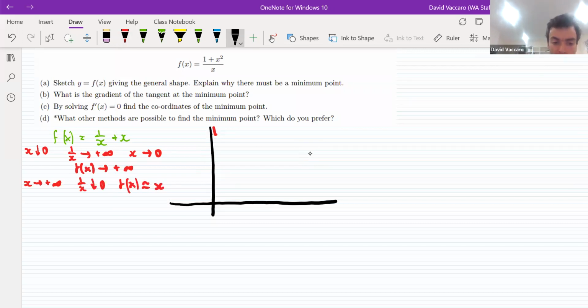So what we have for very large positive x is something that is called an oblique asymptote. So here we know that the graph y equals x is an oblique asymptote, so the curve is here. Other things I know about the curve, I know that f of x would be 0 if the numerator was 0.